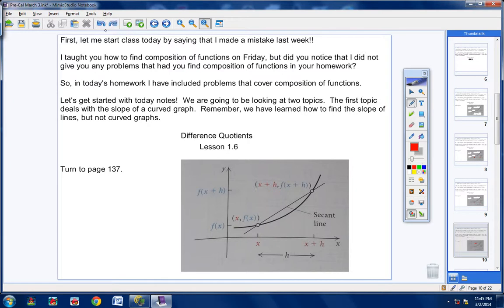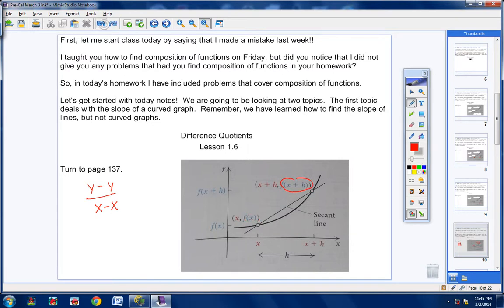So now what I'm going to do is use my good old standard y2 minus y1 over x2 minus x1 to find the slope of this line right here, because remember, the slope of that line passing through these 2 points is the average slope or the average rate of change of this curved graph right here. And I've probably taken too much time already, so going very quickly, if I take y2 minus y1, this whole expression is my y2 and this whole expression is my y1.